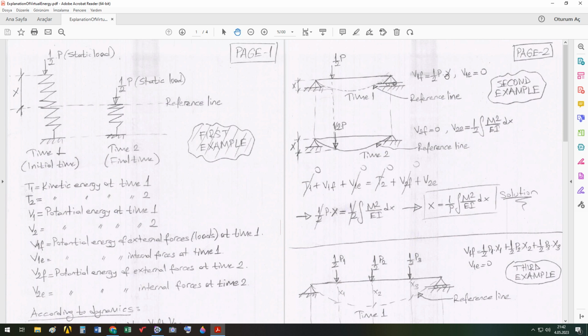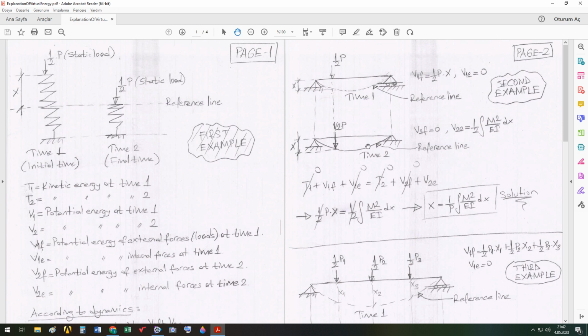So 1/2 P times x is the potential energy of the external force. So this part is equal to 1/2 P times x again.